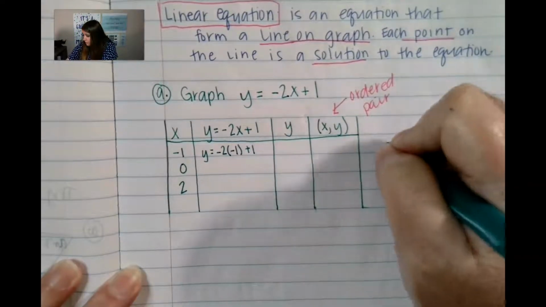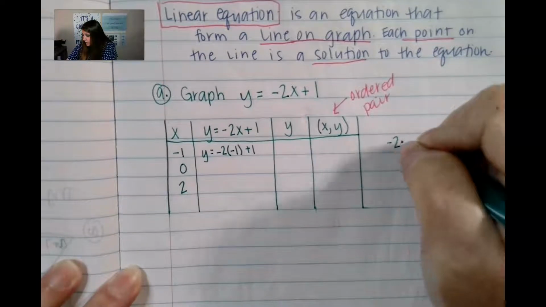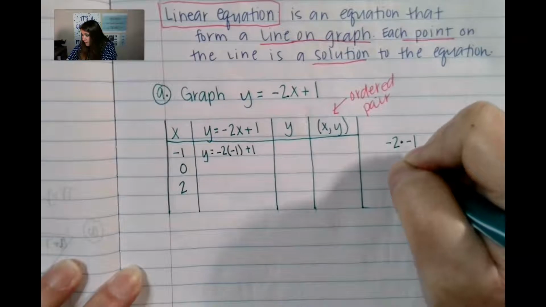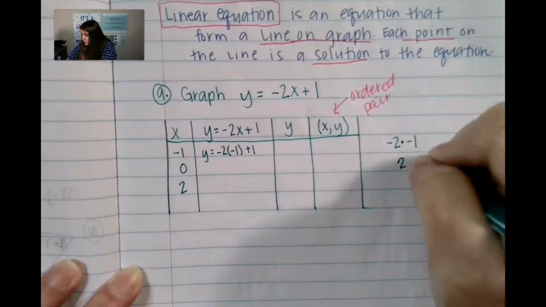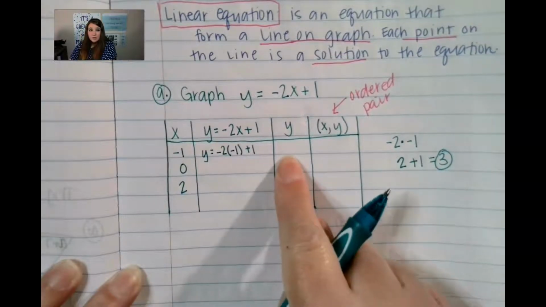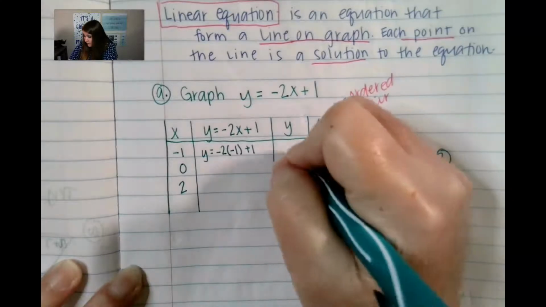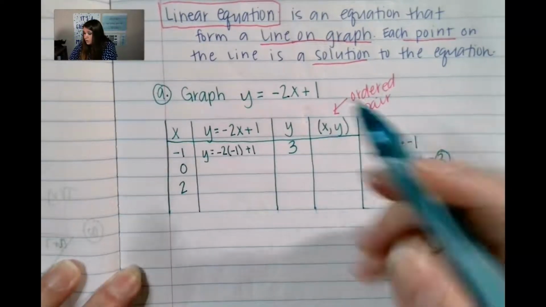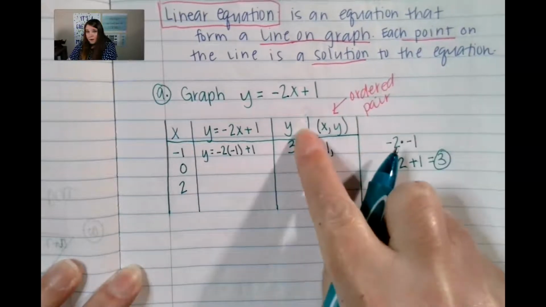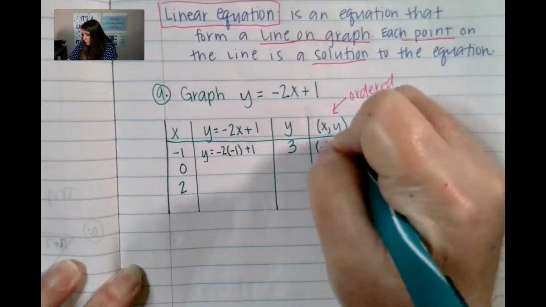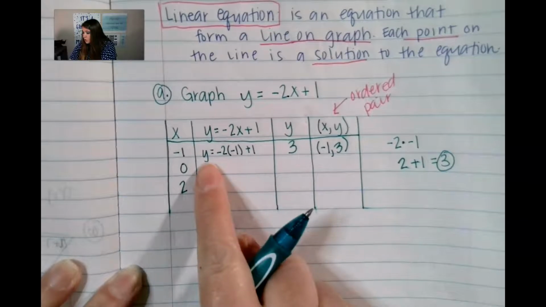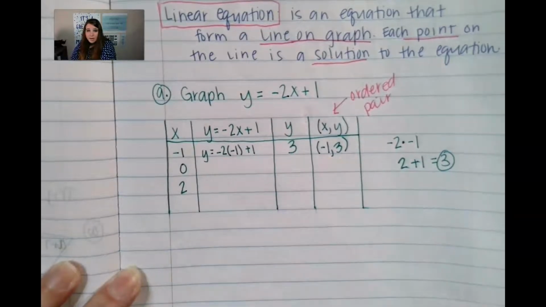We know that negative 2 times negative 1, a negative times a negative is a positive. That gives us a positive 2 plus 1, which equals 3. So for our first value, we have y as a 3. Our x value is negative 1. Our y value is positive 3.